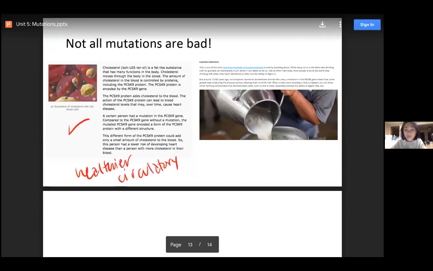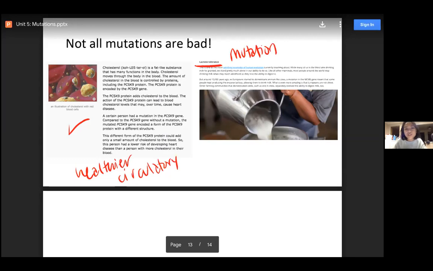Another really common mutation that a lot of humans have, but a lot of humans don't have, is lactose tolerance. Originally, when humans were first made, we weren't really meant to drink cow milk. That's milk for cows, not milk for humans. But over time, since humans domesticated cows and we lived with them and farmed with them and used them often, a lot of humans started to develop a mutation that would allow them to successfully digest lactose from cows.